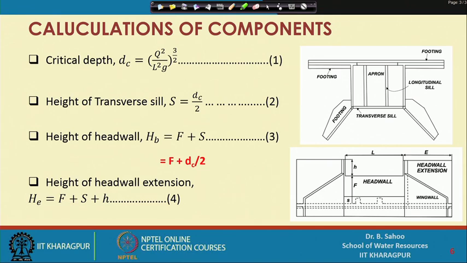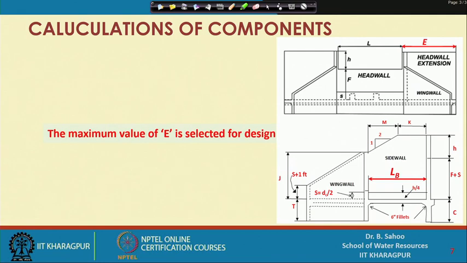Height of head wall HB is estimated as F plus S. You can see from this figure, F plus DC divided by 2. Height of head wall extension is equal to F plus S plus H, that is given by equation number 4.